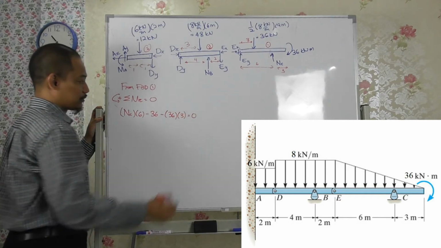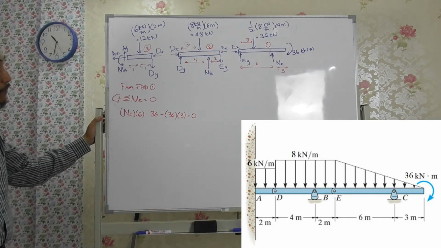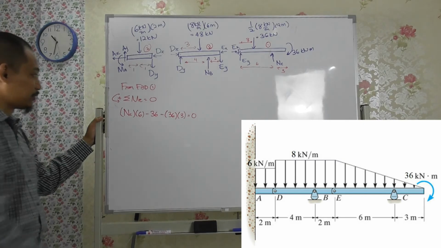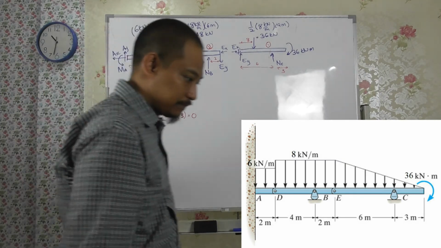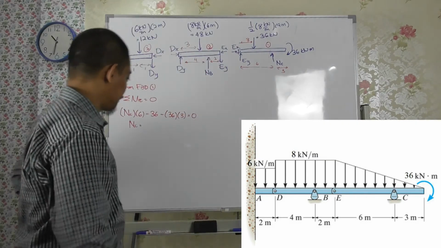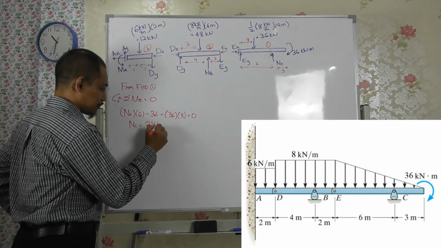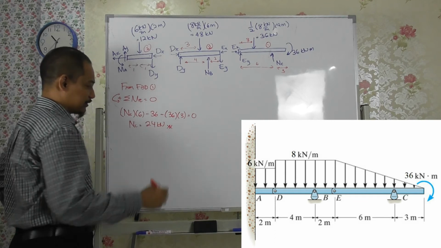All of this should be equal to 0. Right, so from here you can calculate for NC, right? So what is the answer? 24. So this is one of the answers, right?